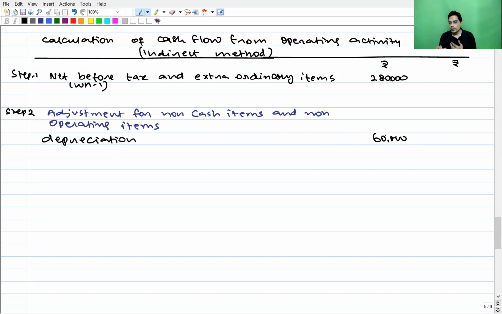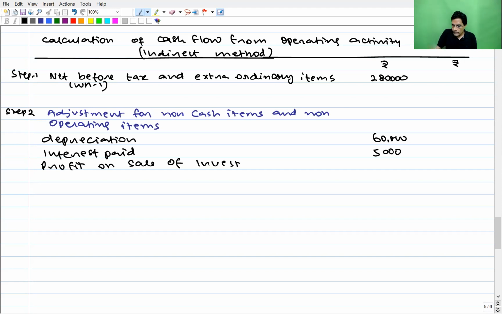Then what are the other non-cash items? There are no other non-cash items, but there are non-operating items like interest paid. All the expenses and incomes which belong to activities other than operating activities, we have to eliminate, and only then will we get to know the cash flow from operating activity. Interest paid is 5,000. Then there is profit on sale of investment. Profit on sale of investment would have been credited to P&L, so profit would have increased.